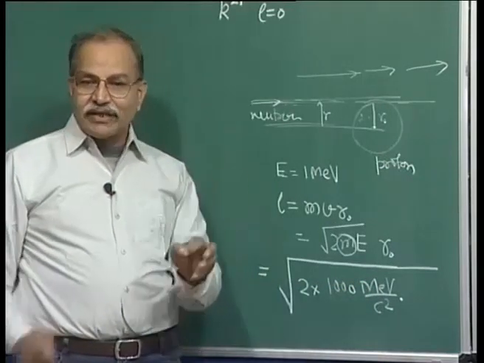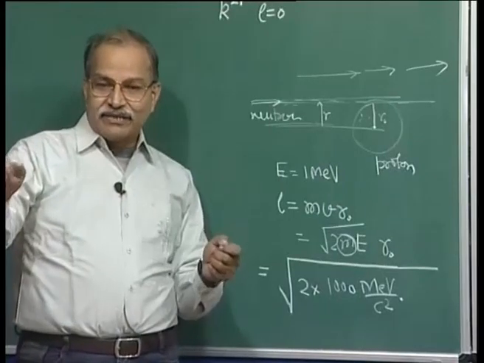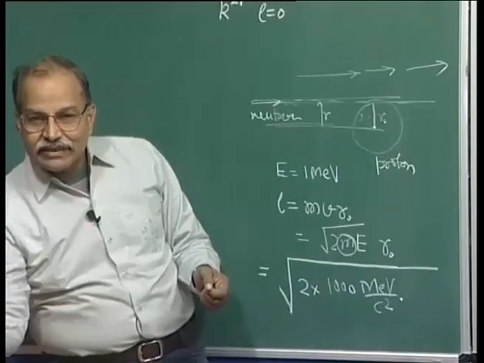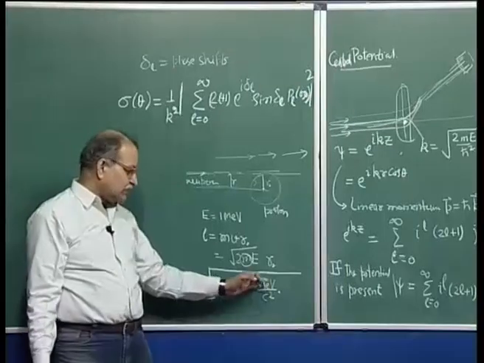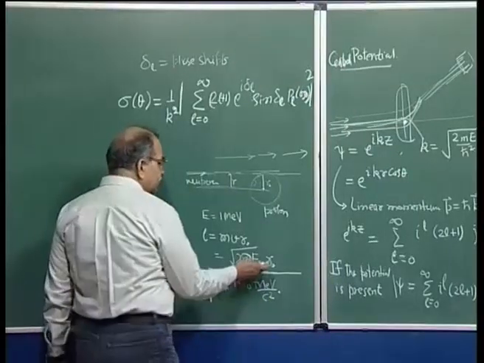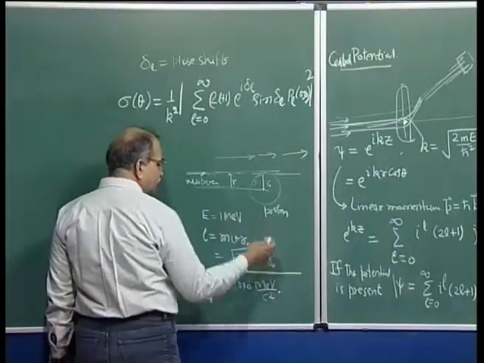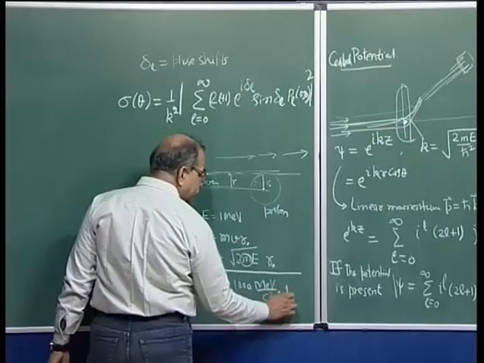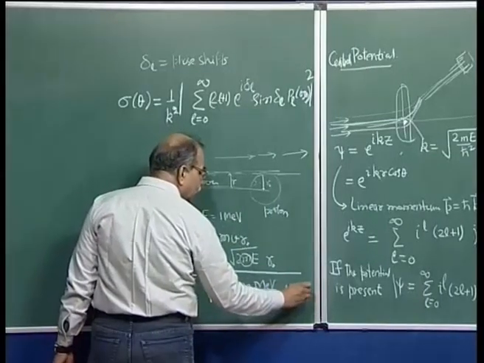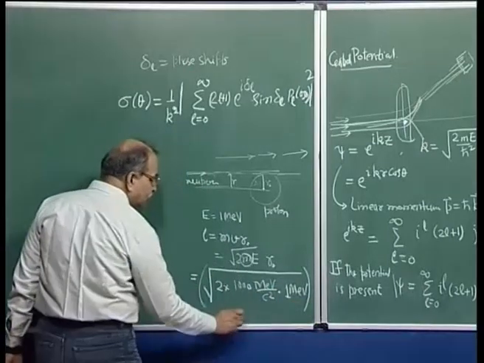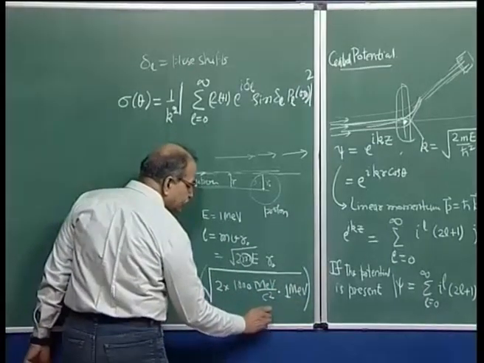So m is 938 MeV by c squared. The kinetic energy, let us take 1 MeV, and then r naught. How much should I take for r naught? Say 2 femtometers.